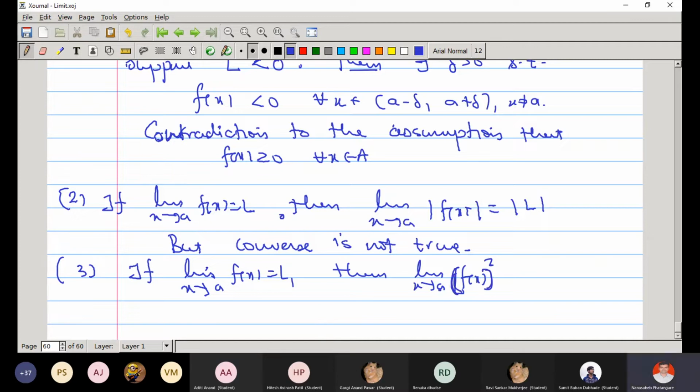That means when I say f of x square, it means f of x into f of x. And from our previous discussion, what should it be? Limit of f whole square. Right. That means L square. This is obvious, right?